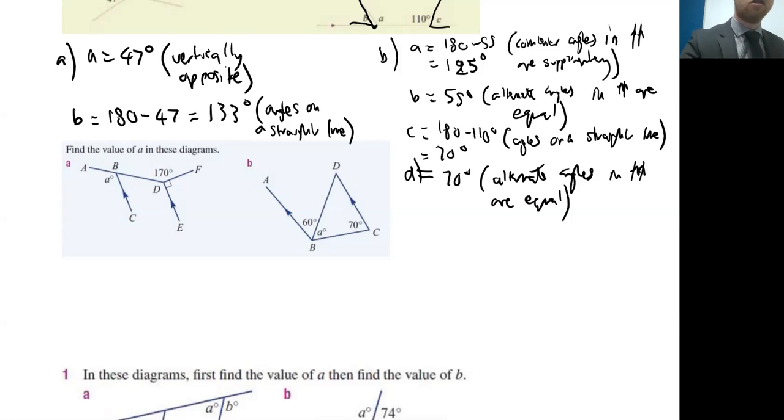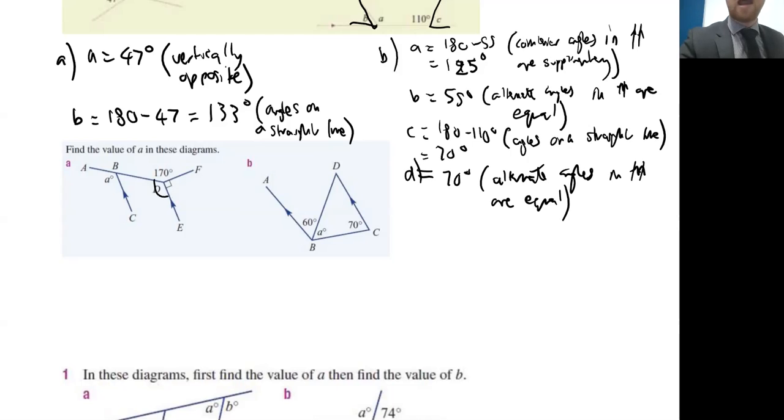If I knew the angle at point D here, so BDE, then I could use corresponding angles to find the angle A. Okay, you see, I need to think first, what do I need to know before I can then find the thing that I want to know? Okay, so it's two-step reasoning here.